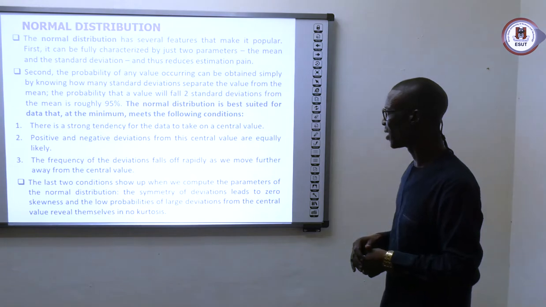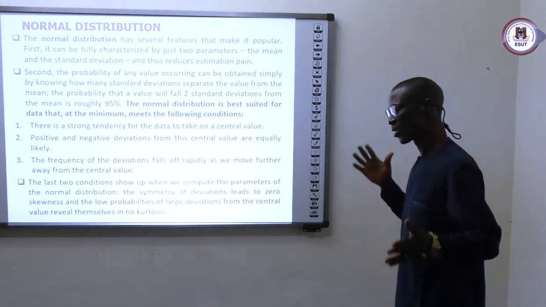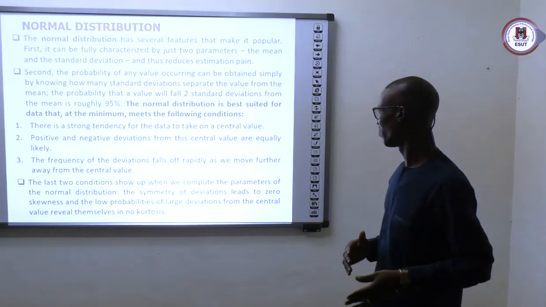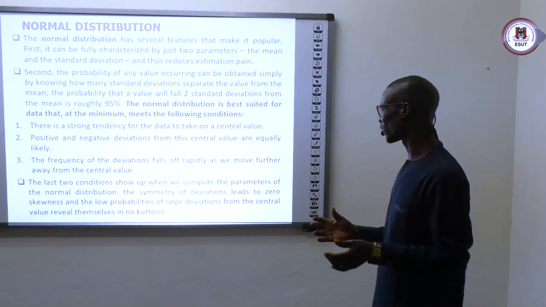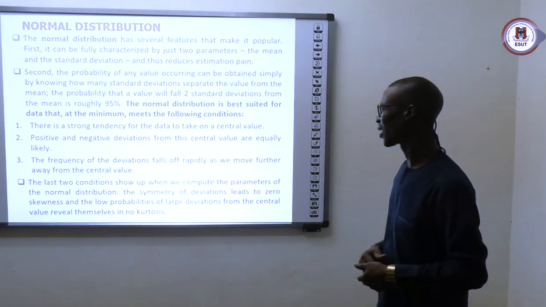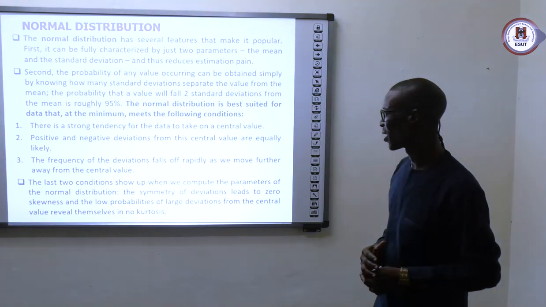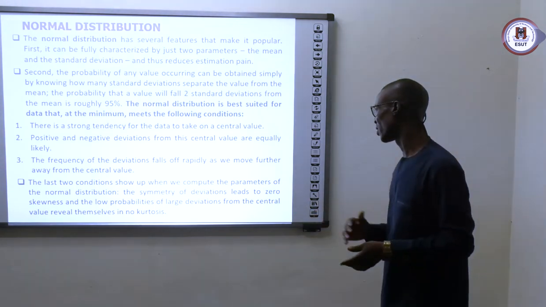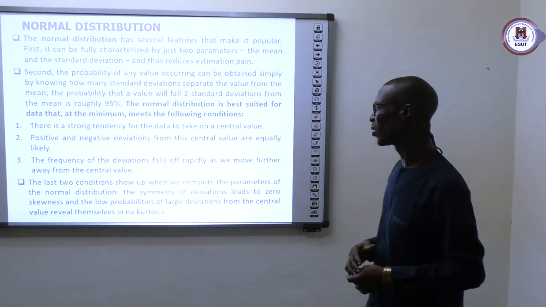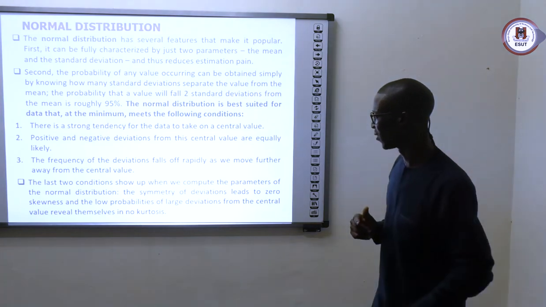A normal distribution is best suited for data that at the minimum meet the following conditions. One is that there is a strong tendency for the data to take on a central value, that is the mean. Positive and negative deviations from the central value are equally likely. So we are talking of, again, the variance. The frequency of deviation falls off rapidly as we move further away, that is the decaying nature of the distance.